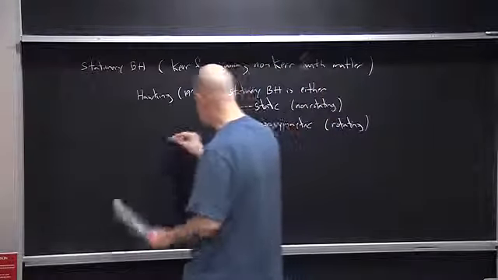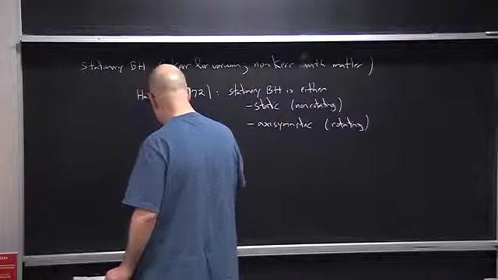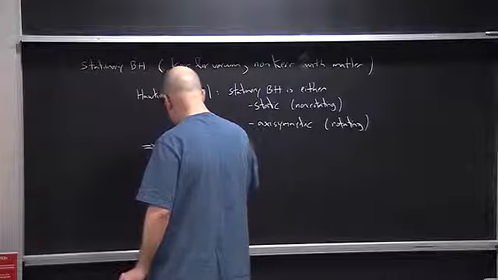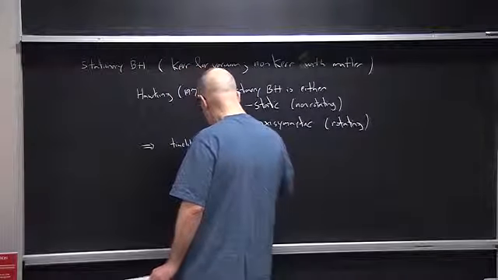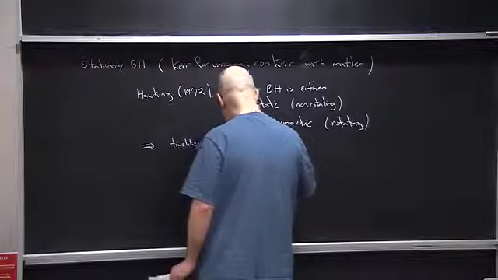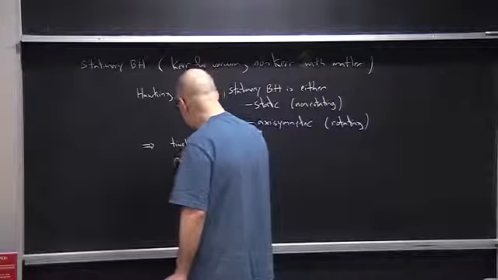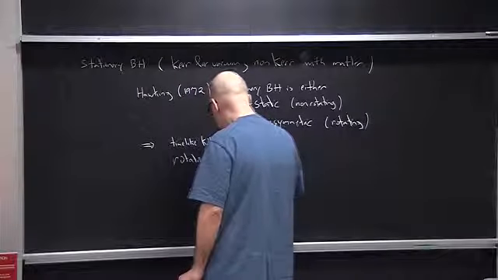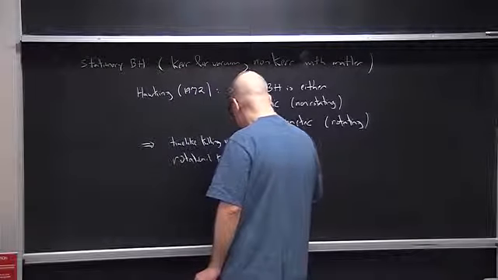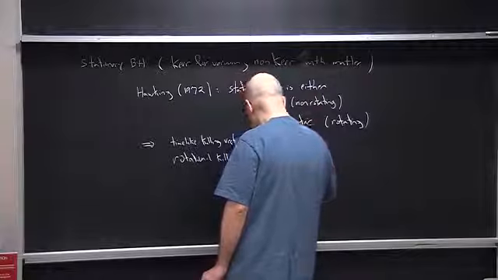So as a result of this, we're going to have a time-like Killing vector T alpha, and we're going to have a rotational Killing vector phi alpha.